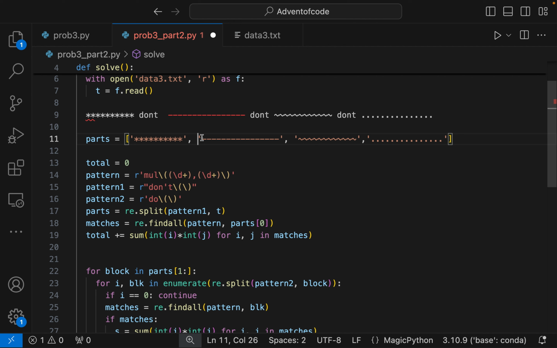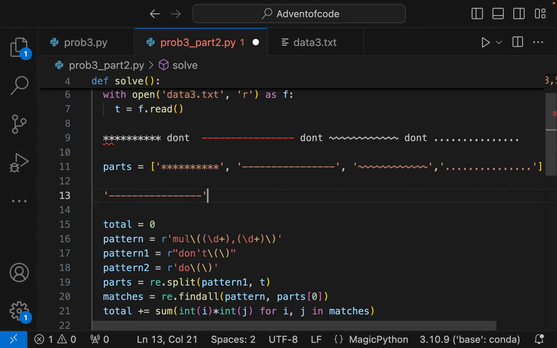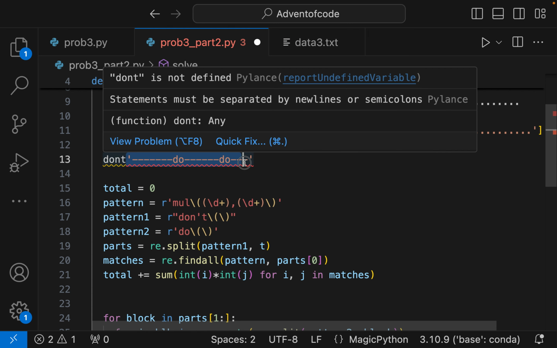However, now let's look at this part here. Let's just focus on this part here. So we know in front of this there was a don't. So what I'm imagining is somewhere inside there's a do and another do and whatever. Notice though, what we can do is split this string on the do's.